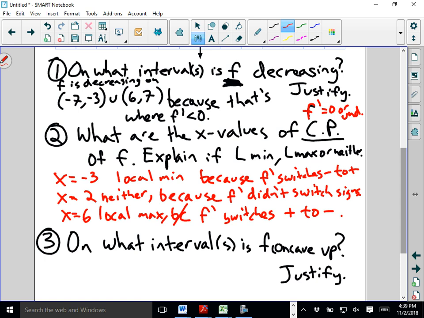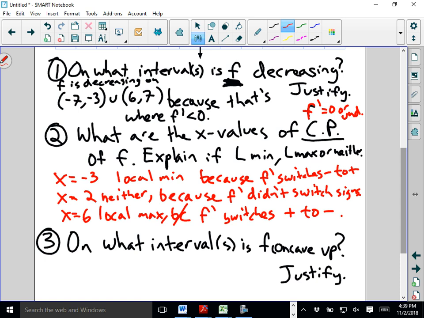The next question is, on what intervals is f concave up? Well, look back to our definitions. F is concave up when the second derivative is positive. The problem is I don't have a graph of the second derivative. I have a graph of the first derivative. So I want to know about concavity based on the first derivative. Well, f is concave up when f prime is increasing.